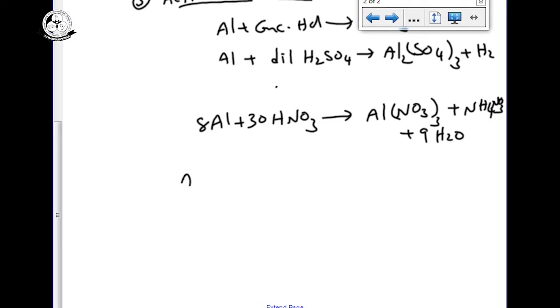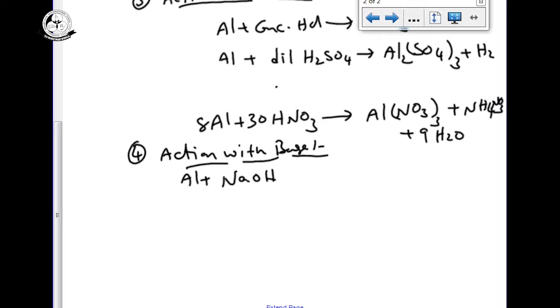Now we are seeing aluminium on reaction with bases. Fourth one is action with bases. Previously we said that on reaction with acid, and also on reaction with base, it can liberate hydrogen gas. Sodium meta-aluminate, NaAlO2, and hydrogen gas are formed in dilute condition.